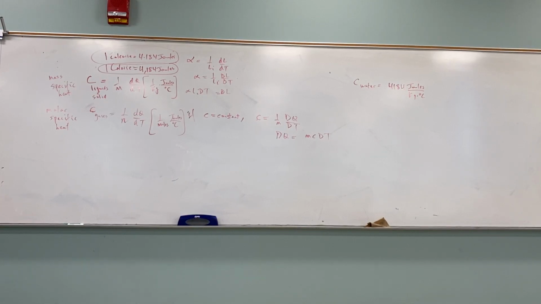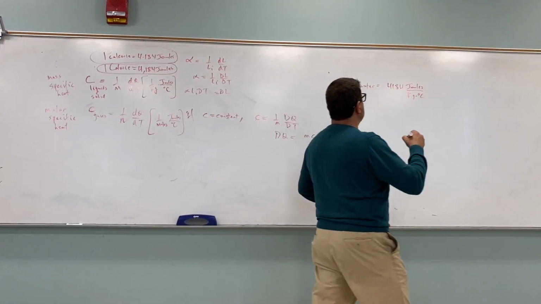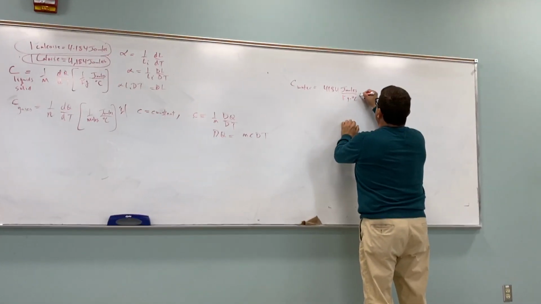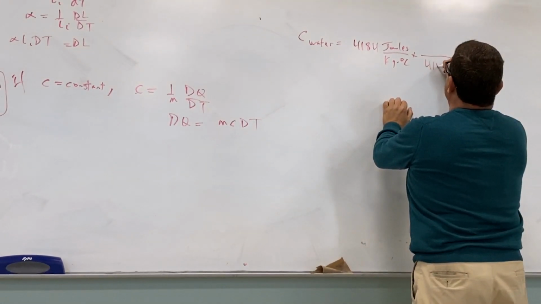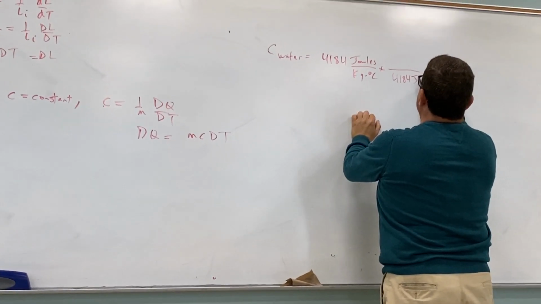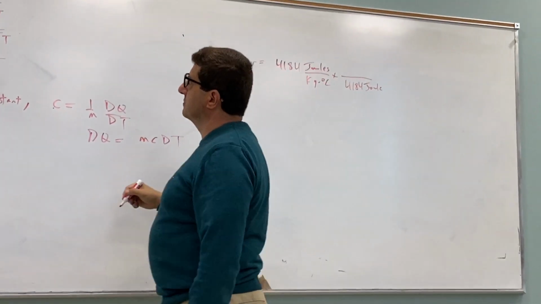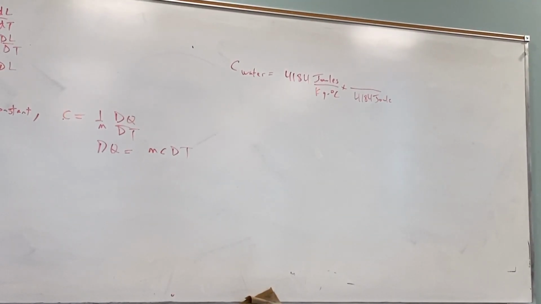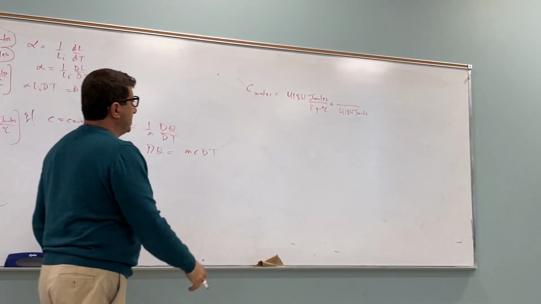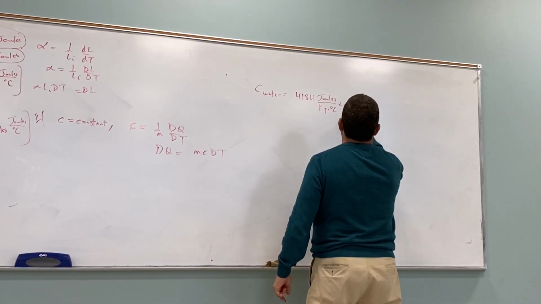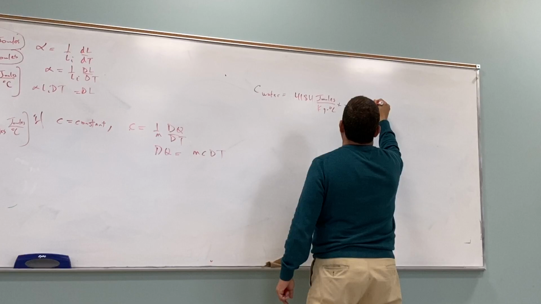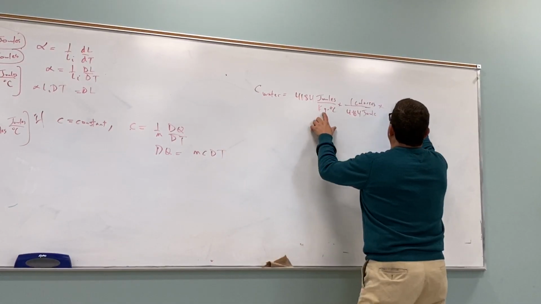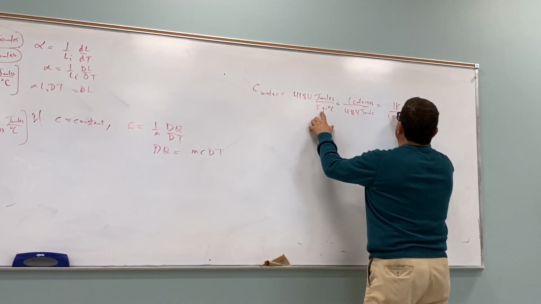So how did it do the conversion? Let's learn how to do the conversion. From joules per kilogram, 4,184 joules. No, I should do 4.184 joules is 1 small calorie. And then 1 kilogram is 1,000 grams.